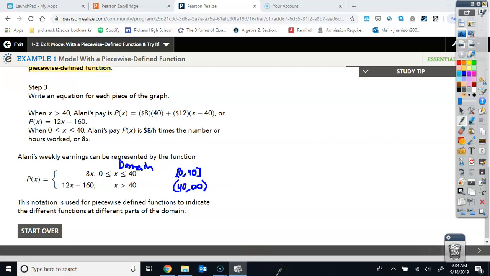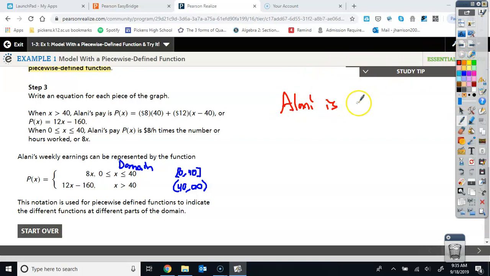Now, technically, we probably couldn't work an infinite number of hours in a week, but the point is, at this side, anything greater than 40, you use this equation to figure out how much pay she's going to make. Any hours that she works between 0 and 40, you use this equation to see how many dollars she's going to make.